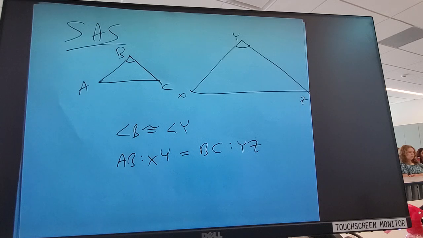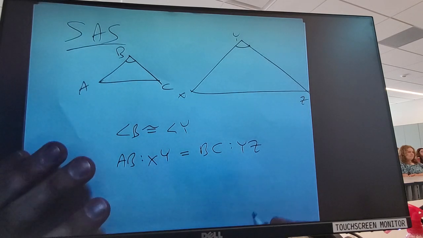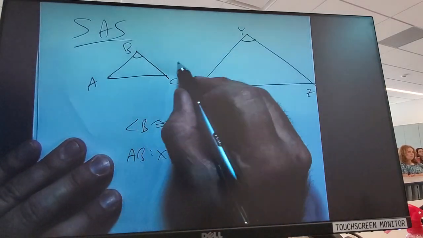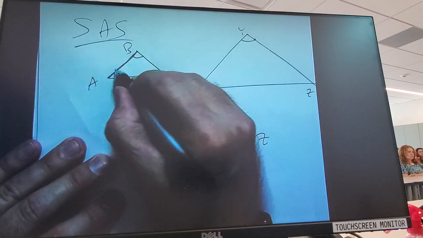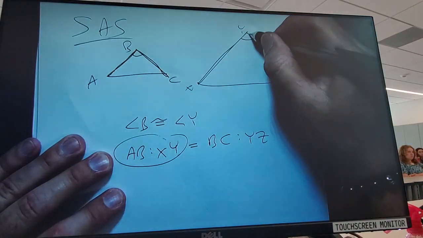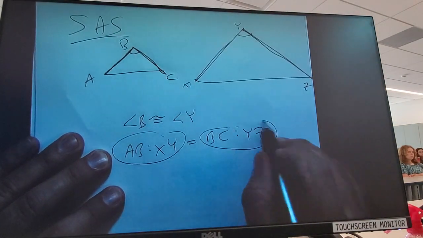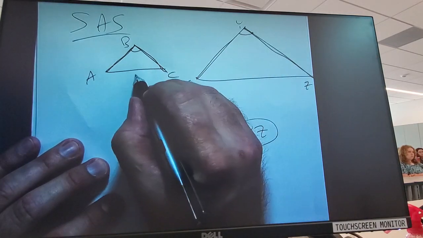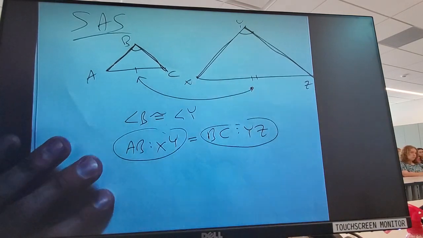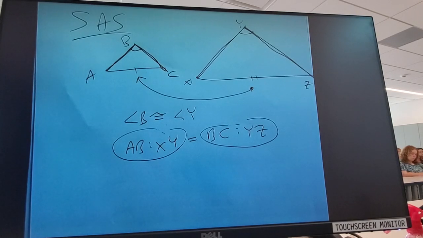So, why does this work? If this side and this side in a ratio are the same as this side and that side in a ratio, the angle is also the same.